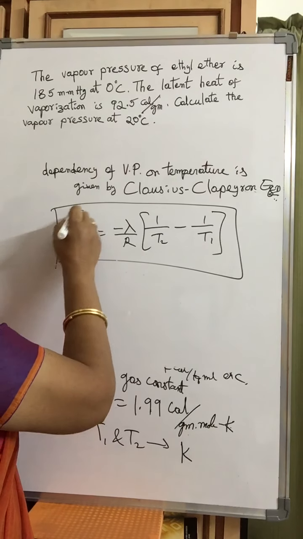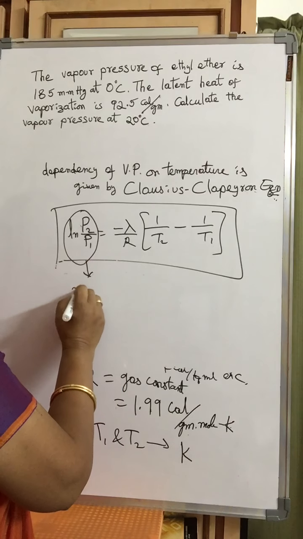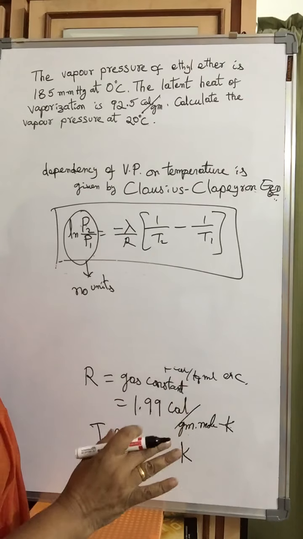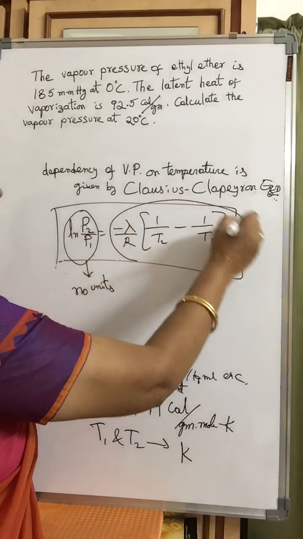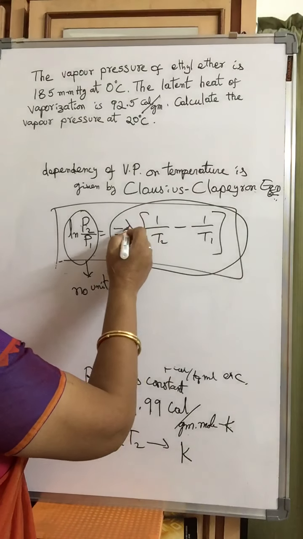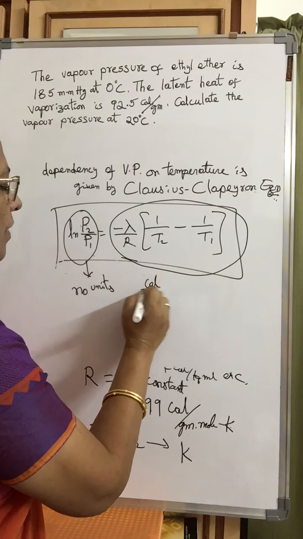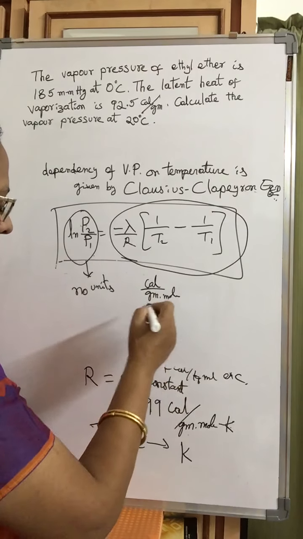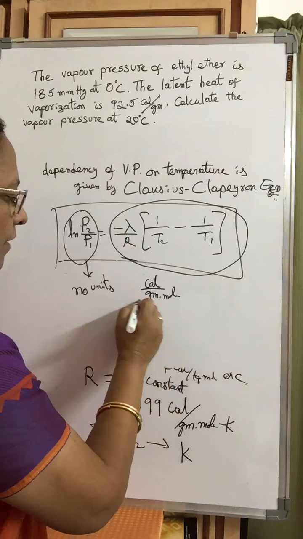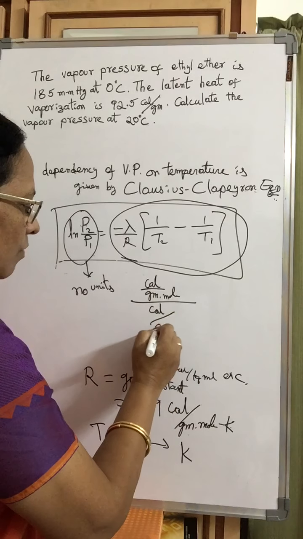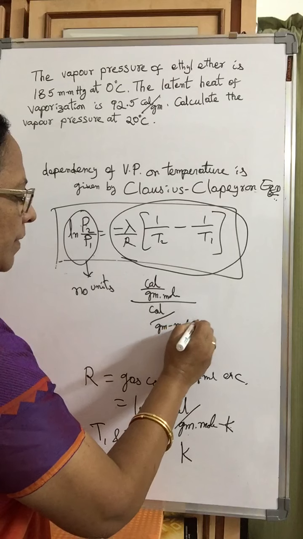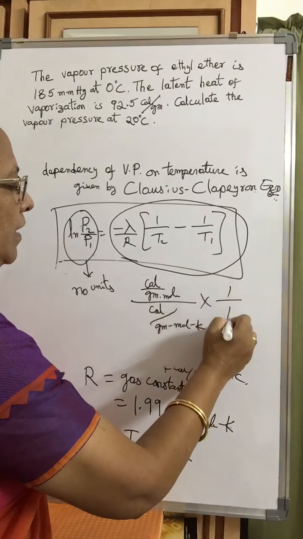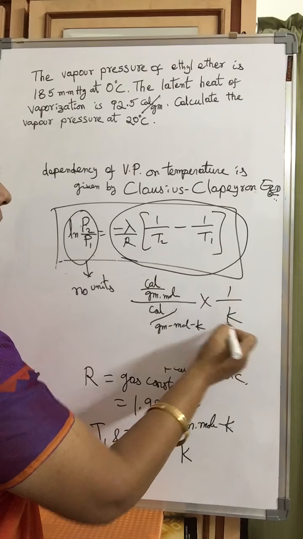On the left there are no units, because P2 by P1 gets cancelled. On the right, lambda is calorie per gram mole, and R is calorie per gram mole per Kelvin, and then into 1 by Kelvin, since temperature term is 1 by Kelvin.